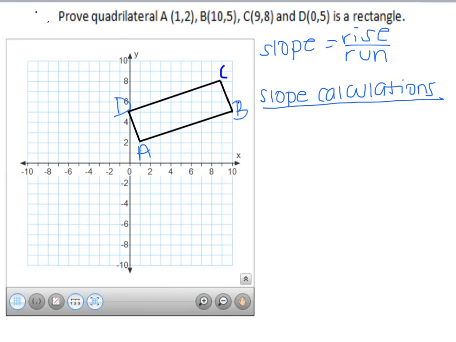For the slope calculations, rectangle is again 4 times. Okay, and make sure, just like I am, you are clearly labeling the line segment that you're finding the slope of. Okay, there shouldn't just be random numbers on the page.